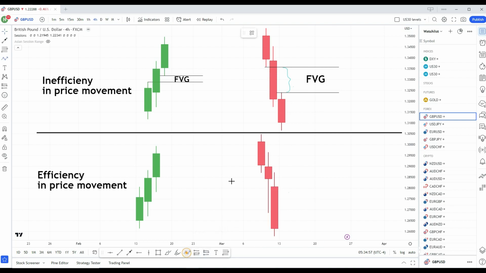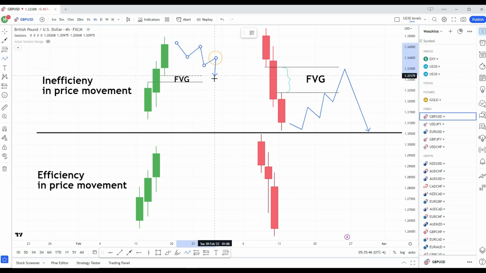For example, in such a scenario, market will retrace to fill this gap before moving down, and similarly price will most likely come back to fill this space before continuing the uptrend.